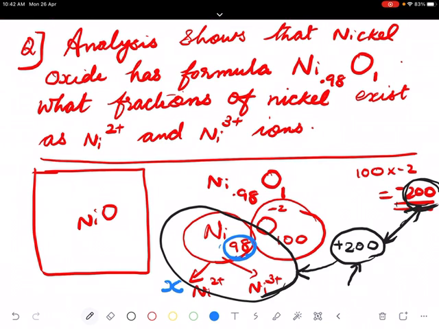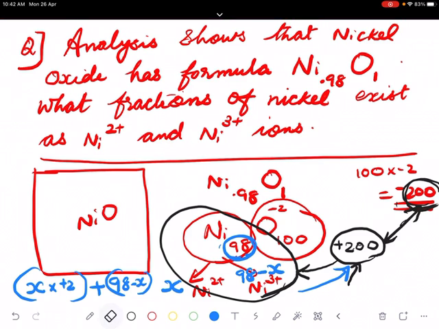So number of Ni3+ will be 98 minus X. So this total 200, that is due to what all things? X into plus 2, then 98 minus X into plus 3.